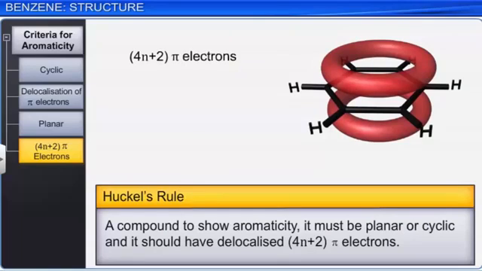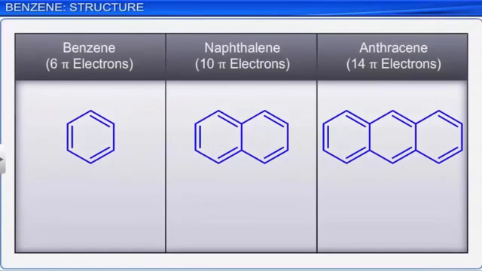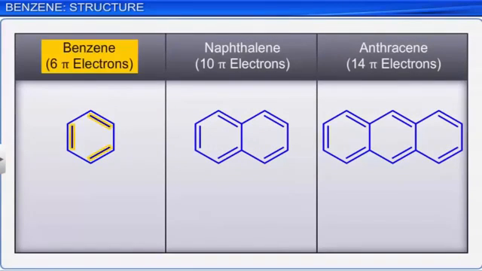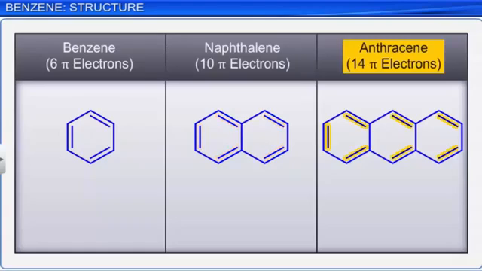The examples of aromatic compounds are benzene with 6 pi electrons, naphthalene with 10 pi electrons, and anthracene with 14 pi electrons, when n is equal to 1, 2, 3, respectively.